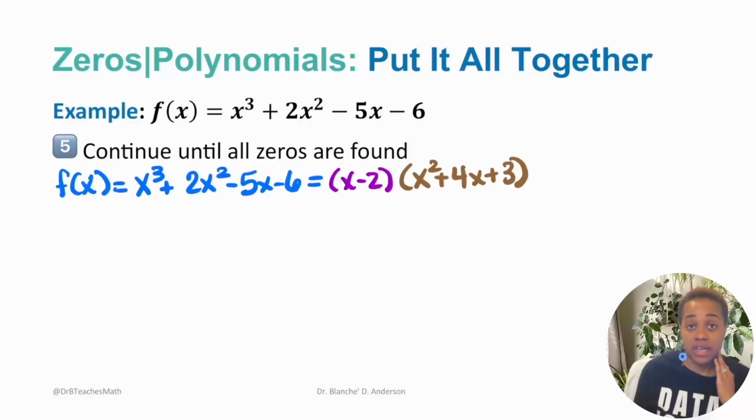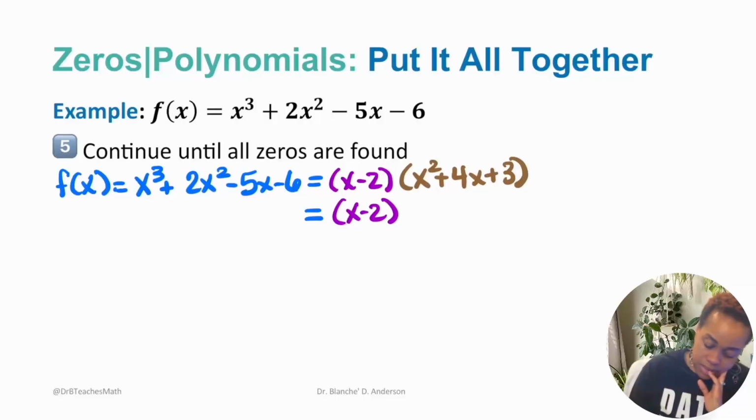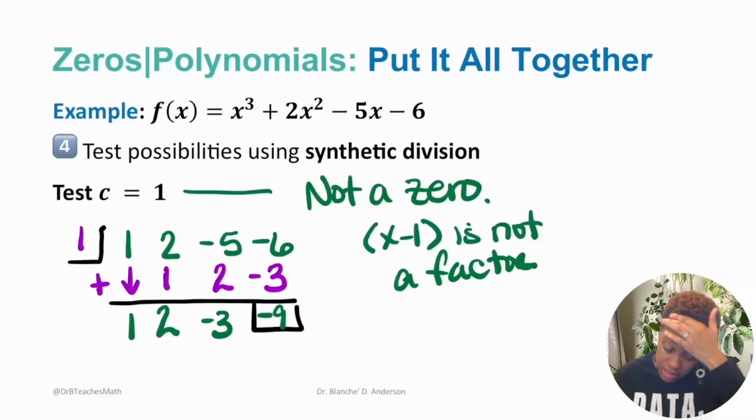Y'all see that? X squared plus 4x plus 3. Can we keep factoring? Yes. So this is x minus 2. Let's see, does this factor x plus 1 times x plus 3? So you get x squared, 1x, 3x, 4x, and 1 times 3 is 3. Cool beans.